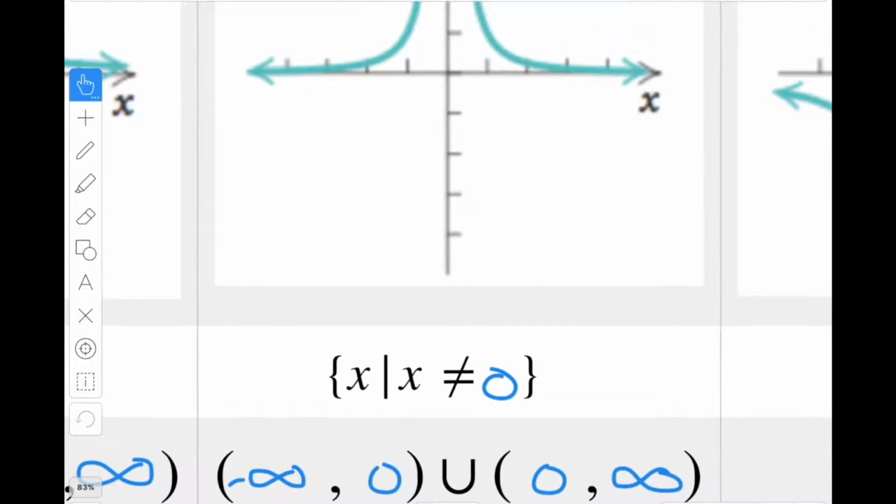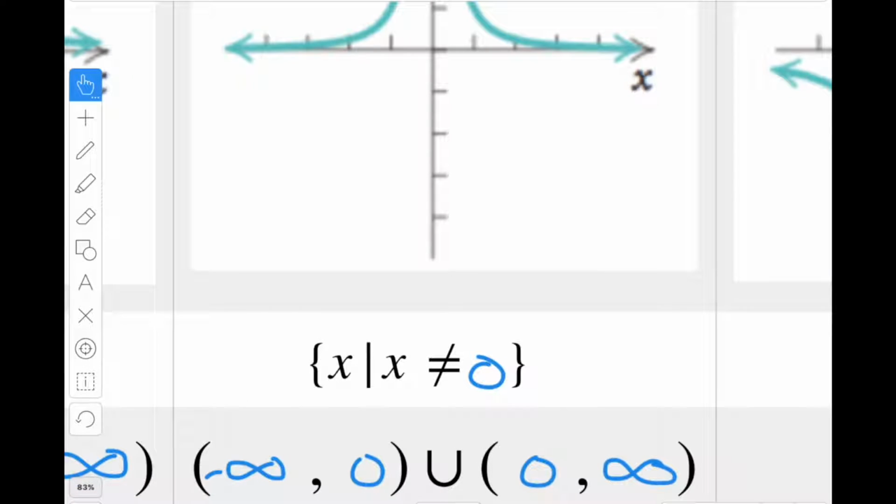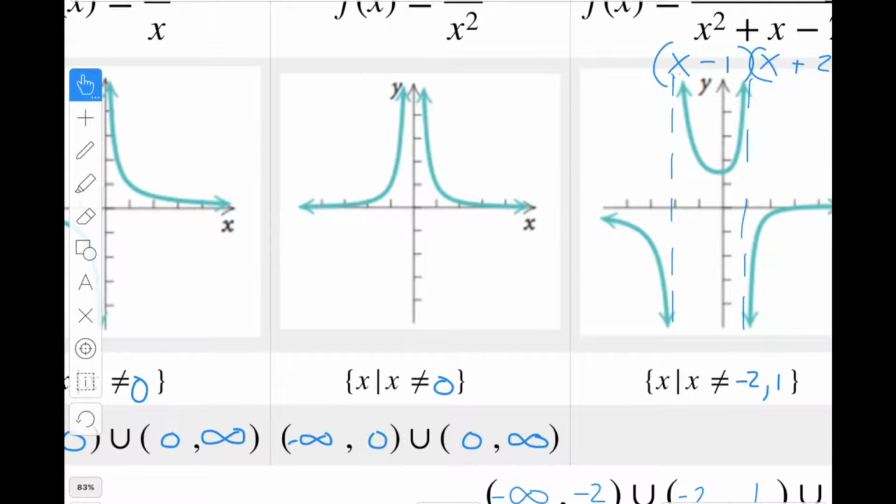Here, we've got the set notation of x should not equal 0, and then from negative infinity to 0, with the union of 0 to infinity. So you can see here, each one of these interval notations represents another part of this graph.